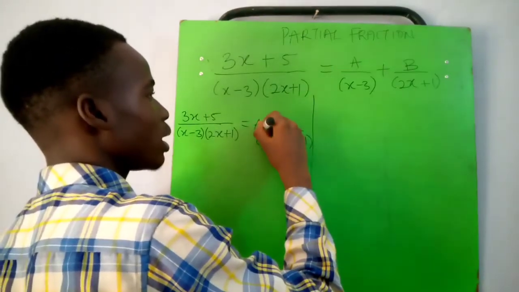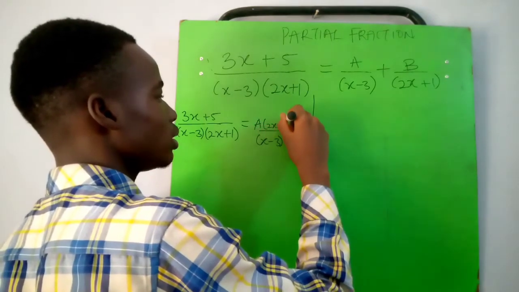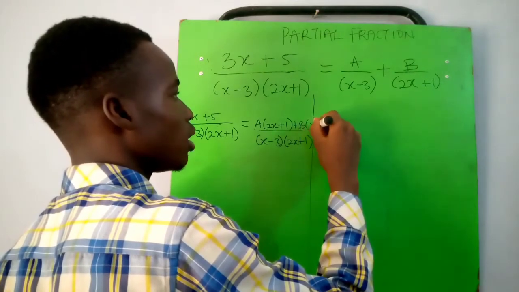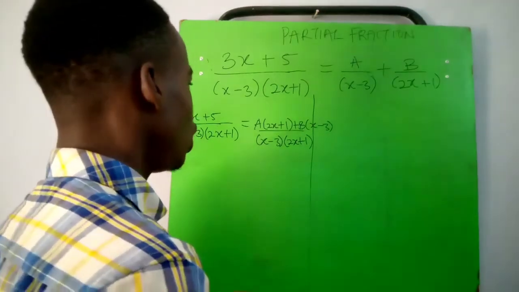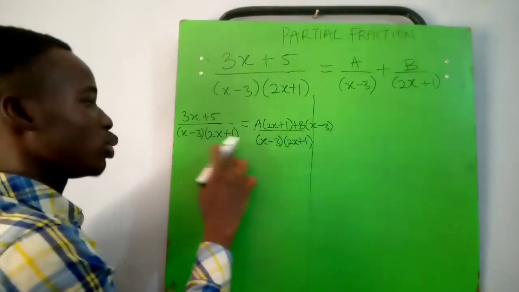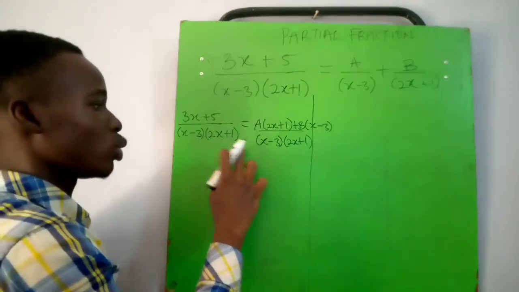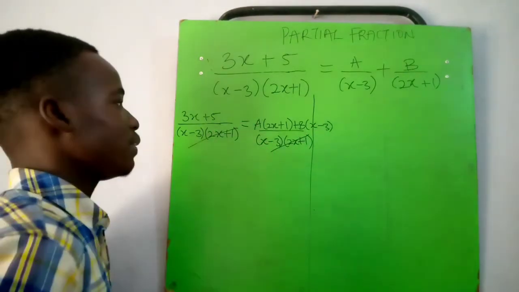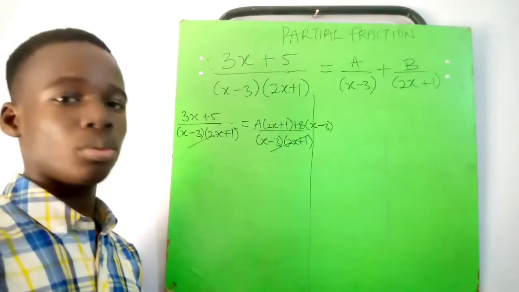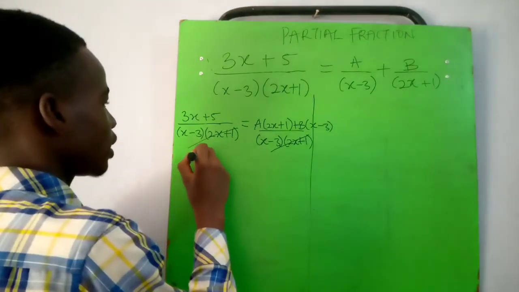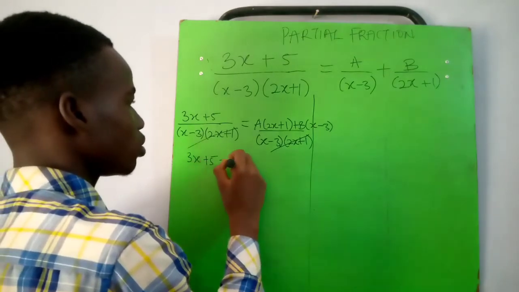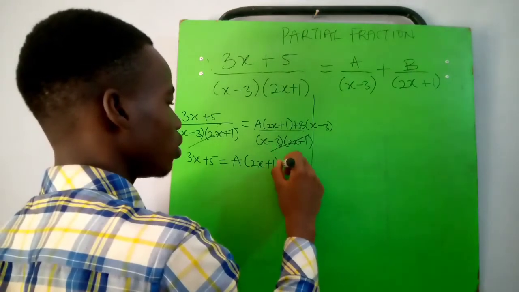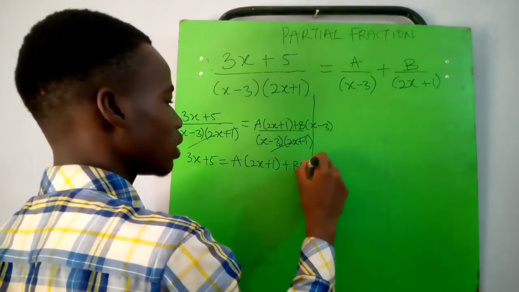So we have A(2x plus 1) plus B(x minus 3). Now we have the denominator of both sides the same, so we cancel them because they are the same. After cancelling them, we equate the numerator. The numerator is 3x plus 5 equal to A(2x plus 1) plus B(x minus 3).